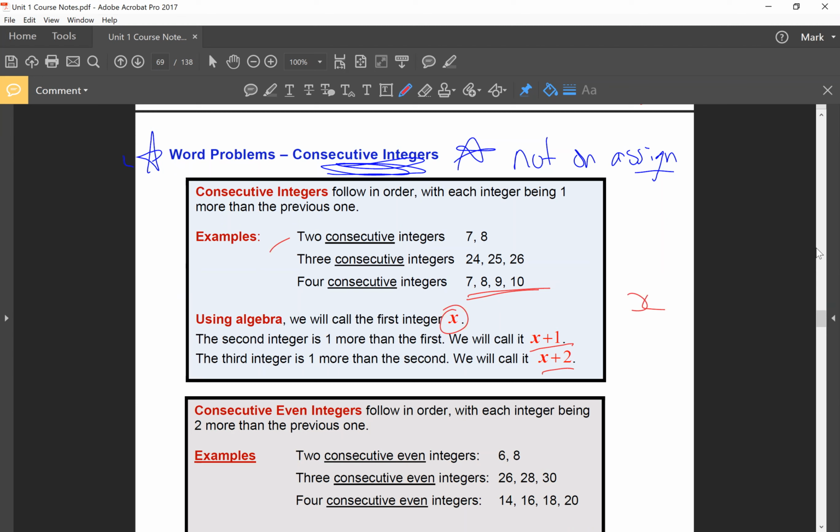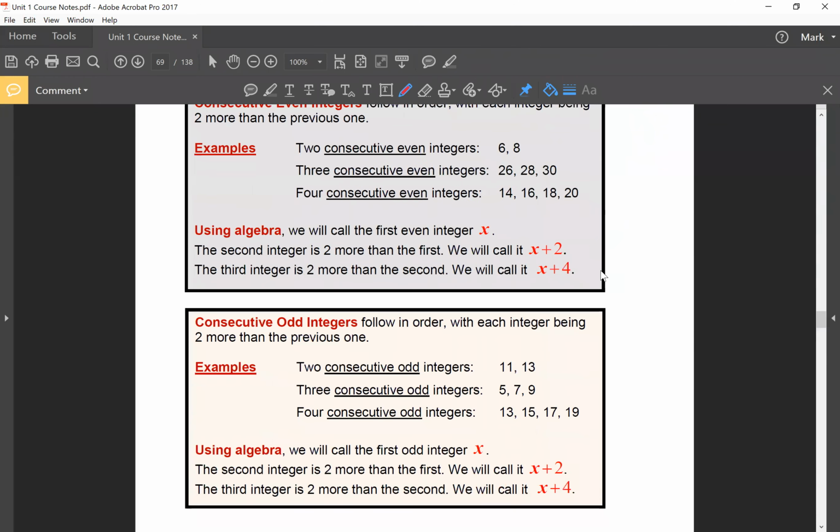What would the second integer be in a consecutive number? Well, it would be x plus 1. What would the third integer be? Well, it would be x plus 2, right? So if x was 7, this would be 8, this would be 9. The idea is we add a number every time, but it gets a little harder.